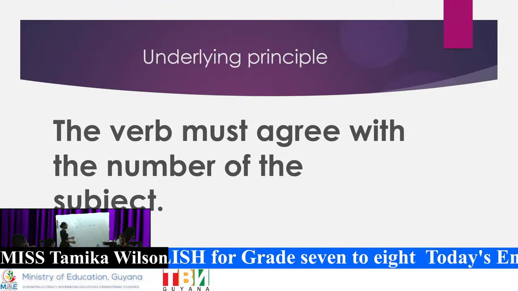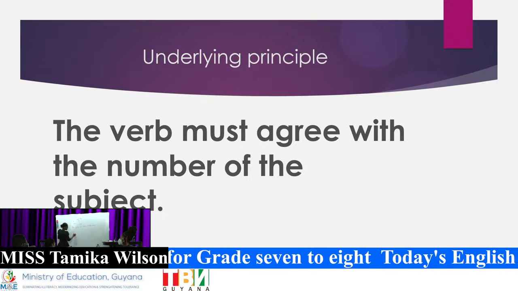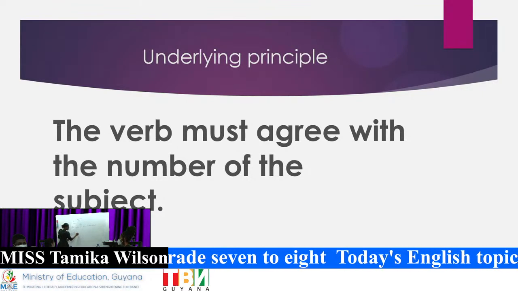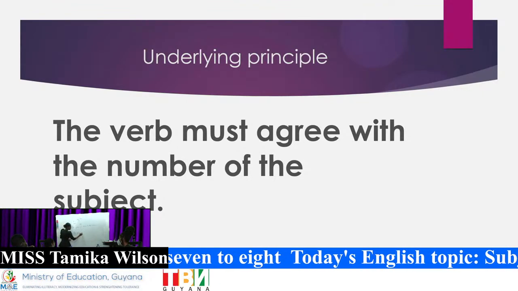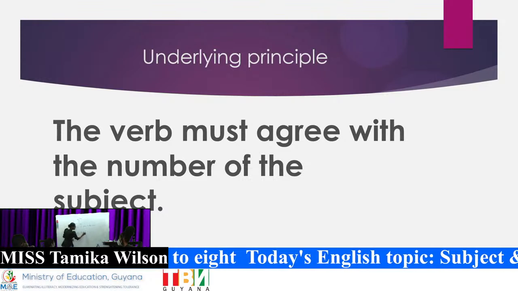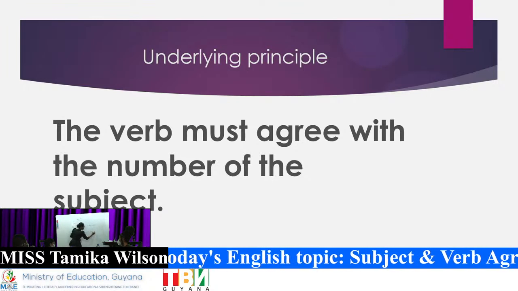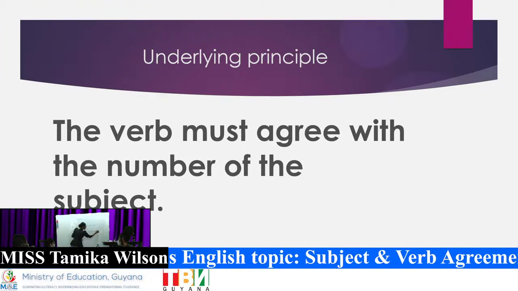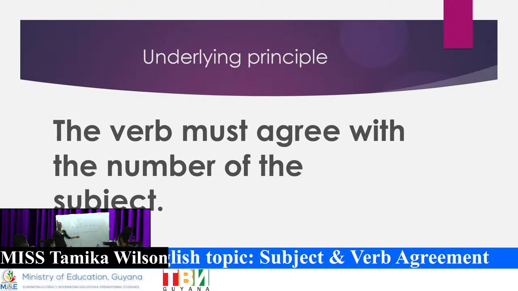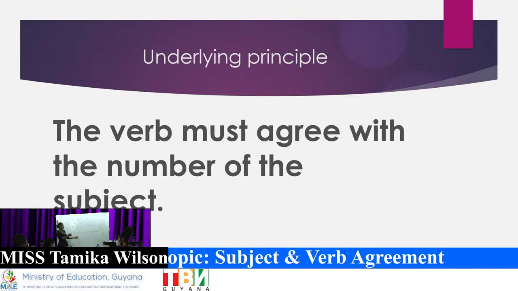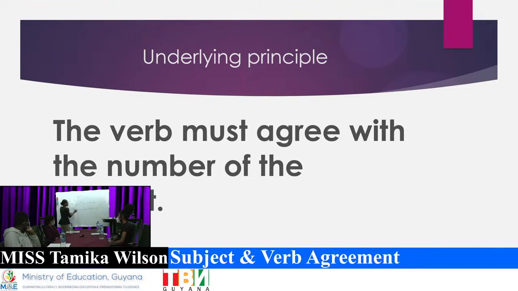All right? And let's correct the sentence now. So we have the girl is going to the market. And here the sentence is correct, yes? Because we have the girl, which is what?